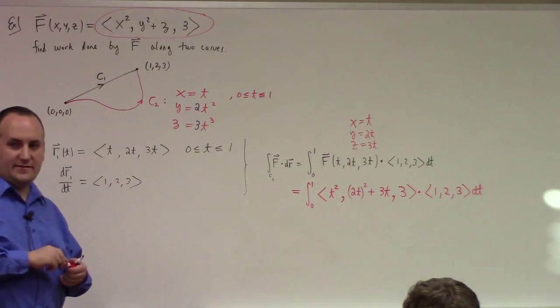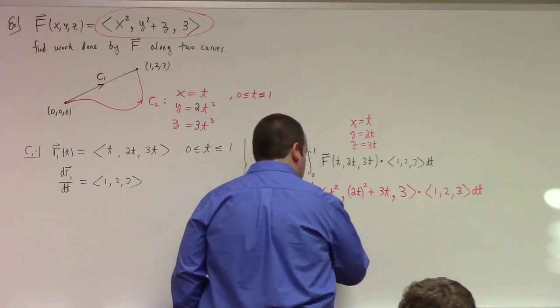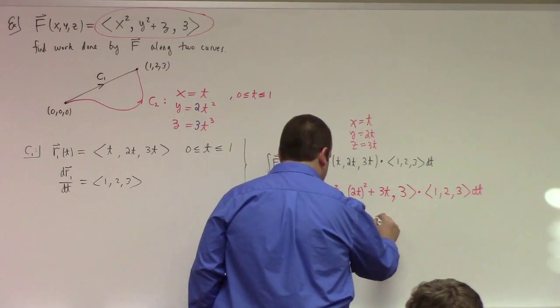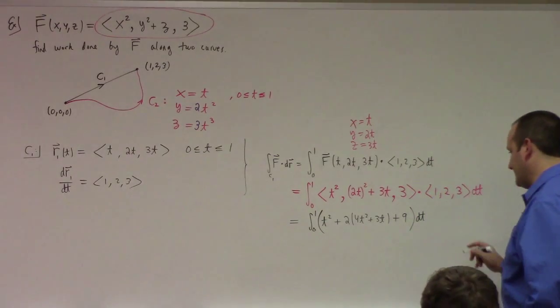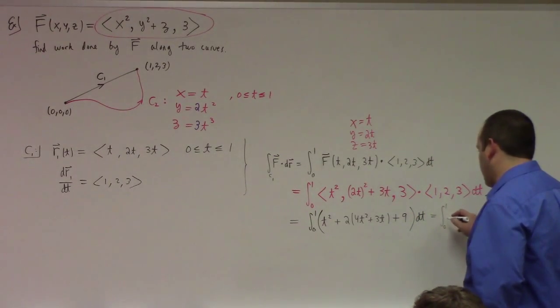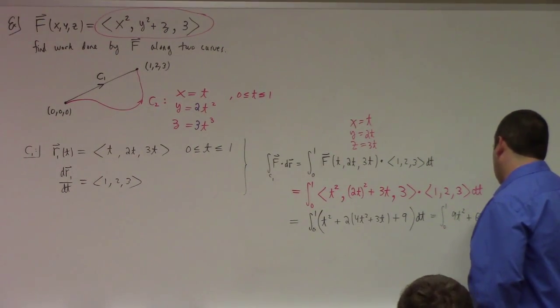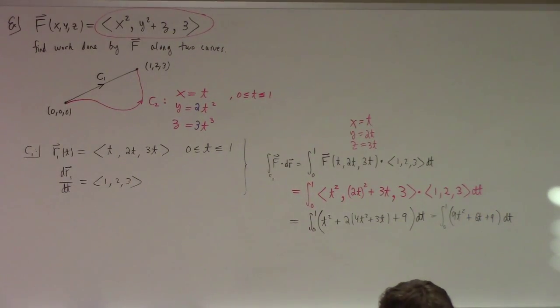You guys know how to take dot products, right? Indeed, you do. So we have to integrate from 0 to 1, t squared plus twice 4t squared plus 3t plus 9. In other words, the integral from 0 to 1 of 9t squared plus 6t plus 9 dt, which is 3 plus 3 plus 9, which is 15.